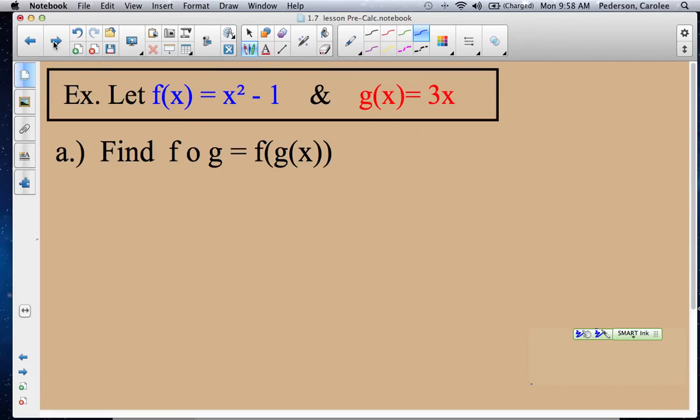All right, first example. I would say you want to write a few of these examples down. You don't have to write all of them, but it gives you some practice.